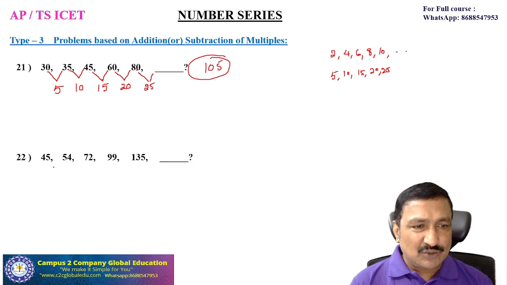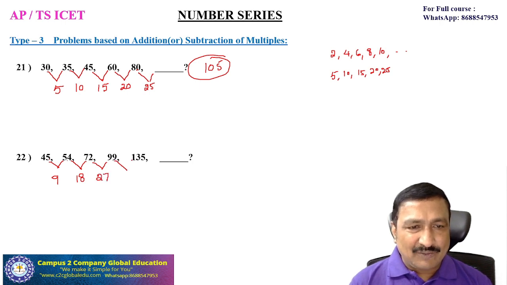So the next number in this series is 105, friends. Now look at the next question. 45 and 54 increased by 9. And 54 and 72 increased by 18. And 72 and 99 increased by 27. And 99 and 135 increased by 36.